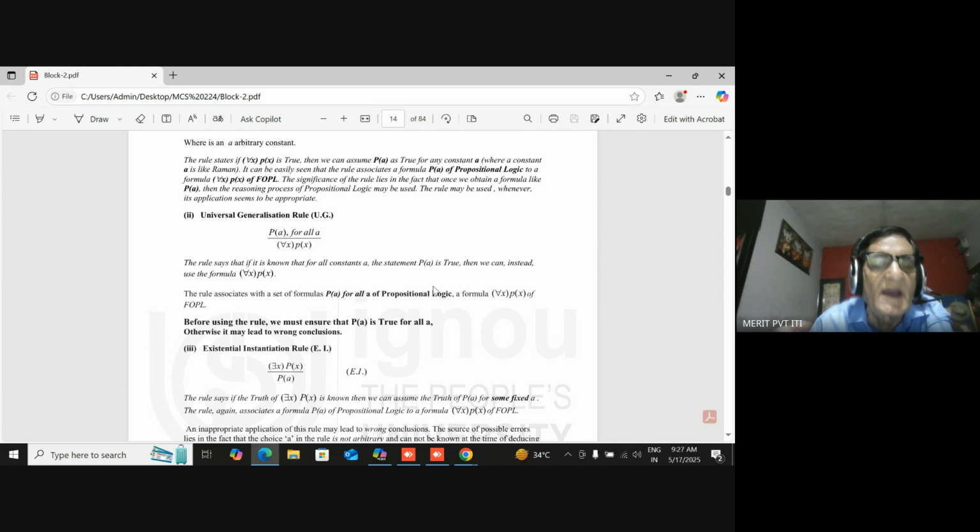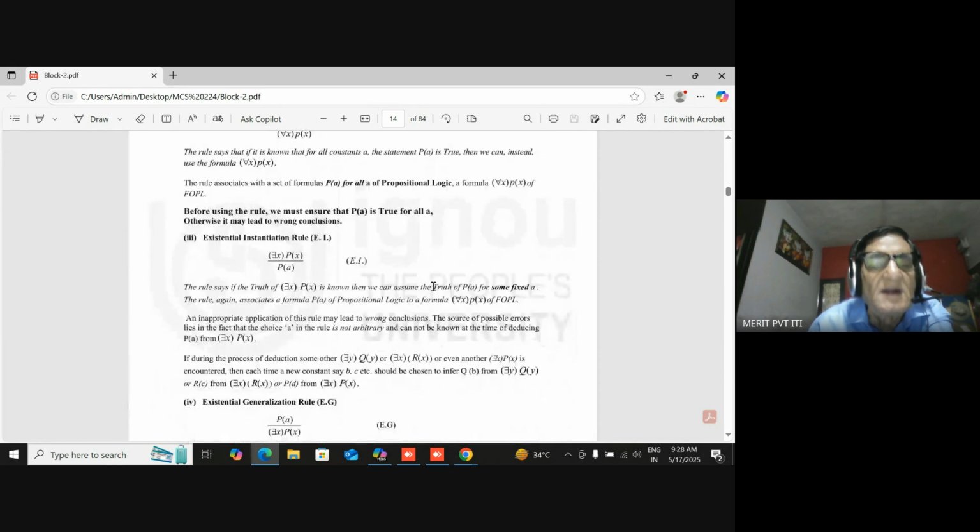Then we are talking of the existential instantiation: there exists x px gives pa. This rule says that if there exists x px is known, then we can assume the truth of pa for some fixed value. So that's why the rule again associates the formula pa of propositional logic to the formula there exists x px of FOPL.